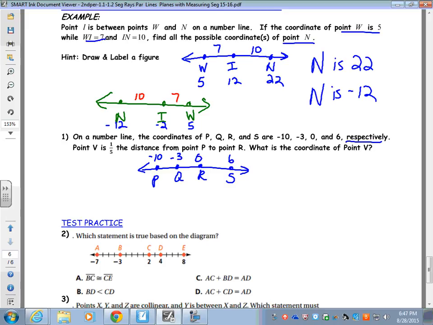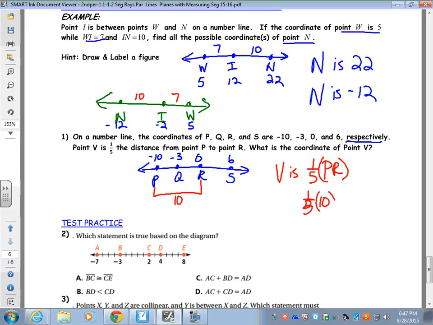So they said point V is 1/5 the distance from point P to R. So from point P to R is 10, and we want 1/5 of the distance. So we could look at this as just saying V is 1/5 of PR. Basically, I'm just taking 1/5 of 10.